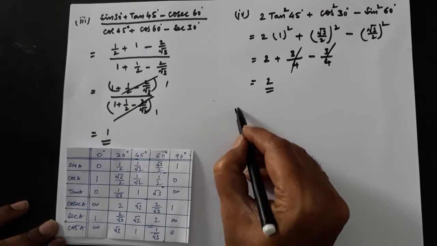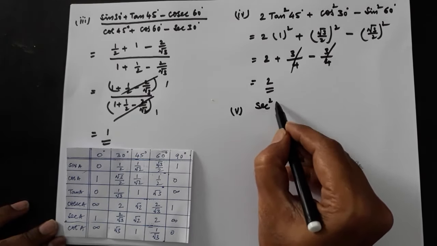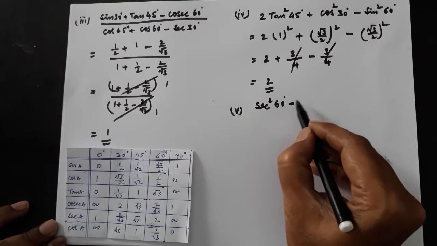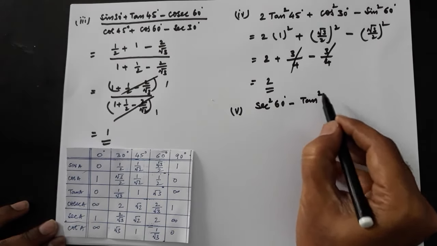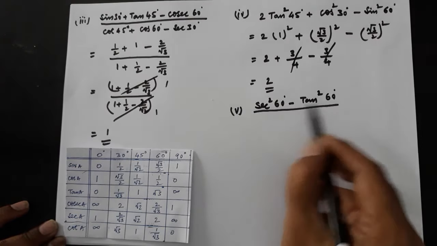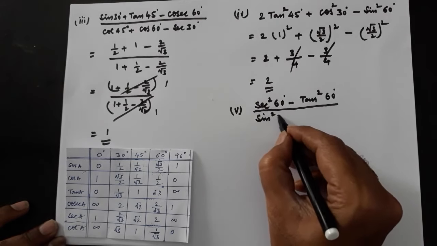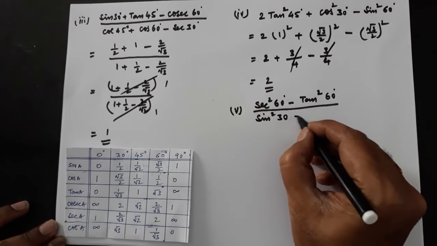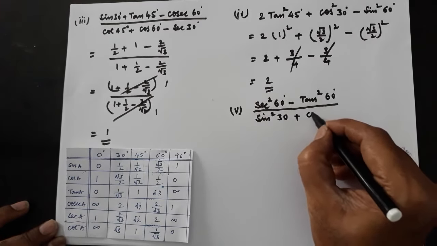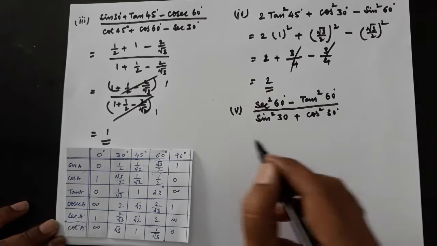Okay. We will come to the fifth one. Fifth one: secant square 60 degrees minus tan square 60 degrees, divided by sin square 30 degrees plus cos square 30 degrees. Okay.